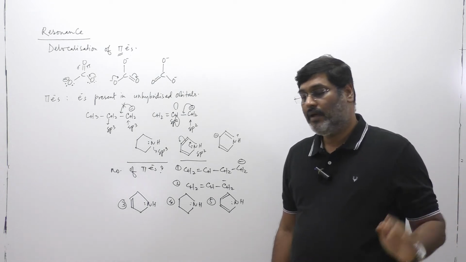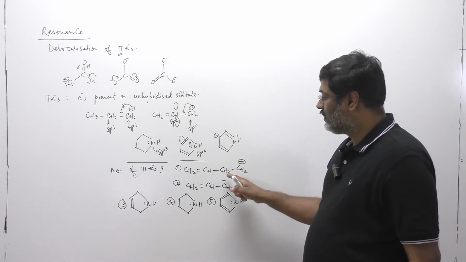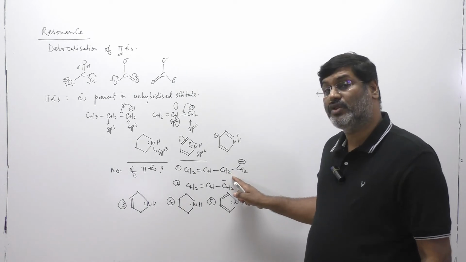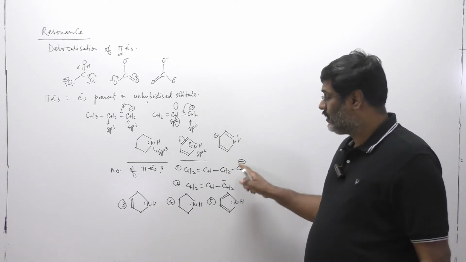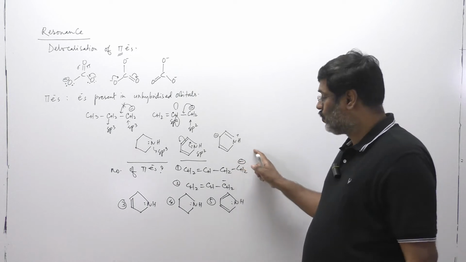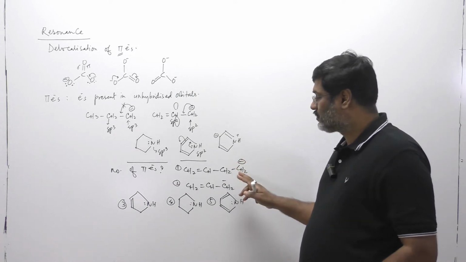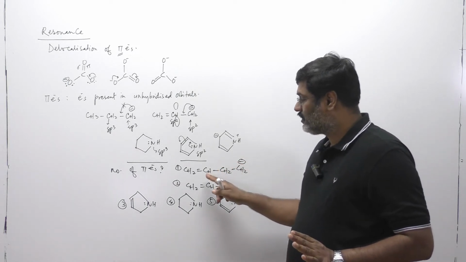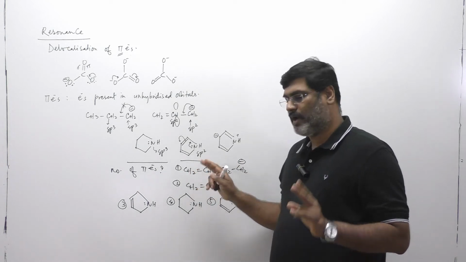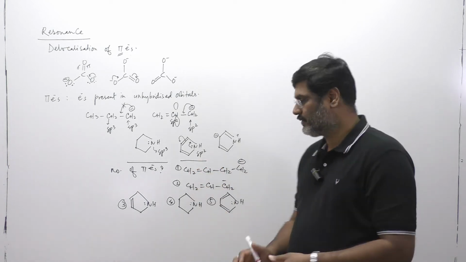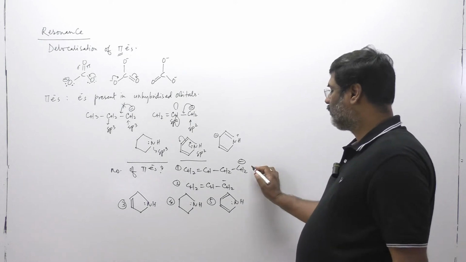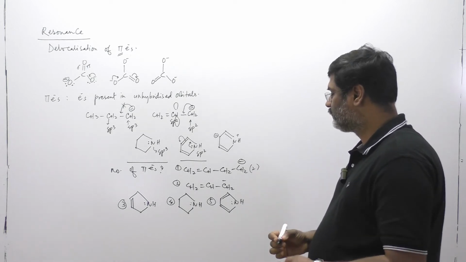Clear? Because adjacent one is sp3. There is no interaction, no pi bond formation. That's why this is sp3, this one sp2, this one sp2, this pi bond, 2 electrons. That's it. Very good. Here the pi electrons, 2.